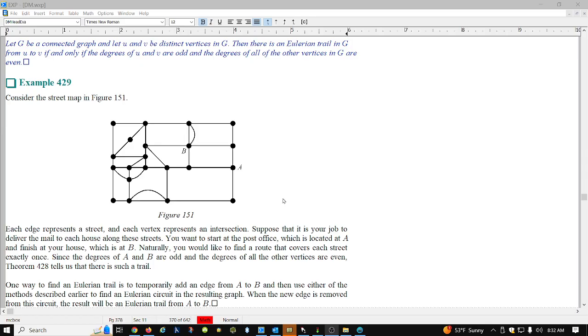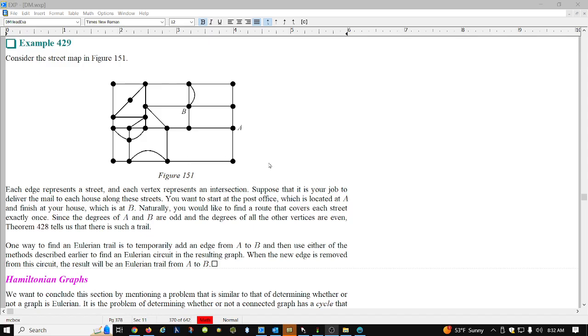You want to start at the post office, which I've labeled here as A for post office, and finish at your house, B. Naturally, you would want to find a route that covers each street exactly once. You have to cover each street to deliver the mail. You don't want to go down a street more than once. Well, since the degrees of A and B are odd, and the degrees of all the other vertices are even, there is a way to do that. There is an Eulerian trail between A and B.